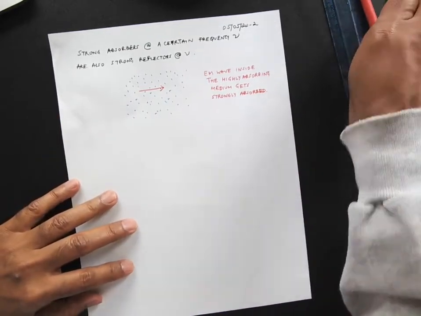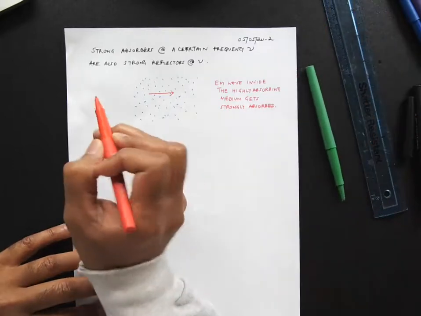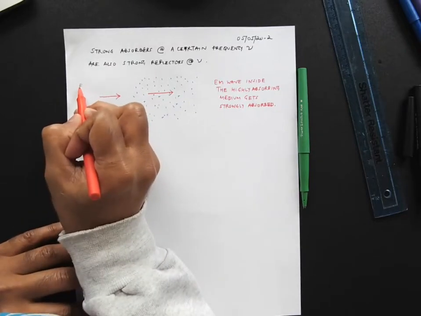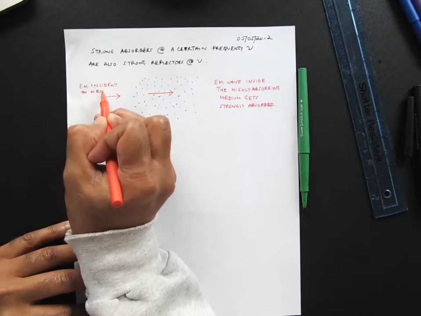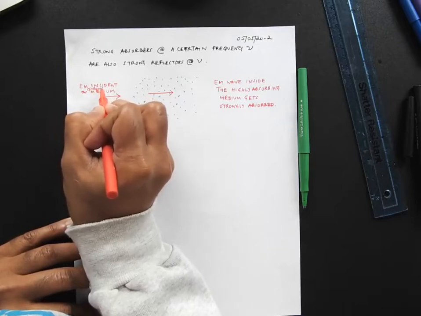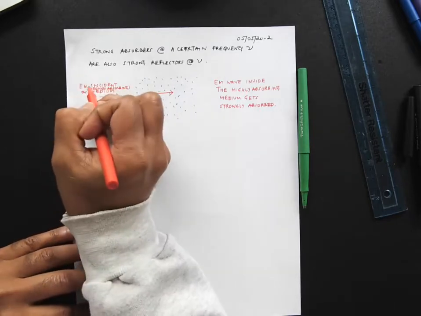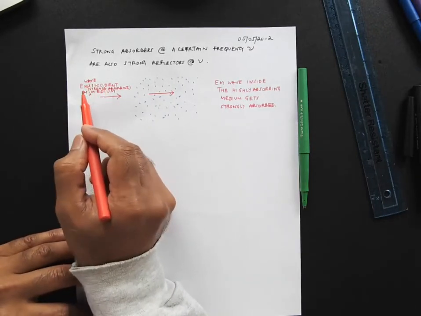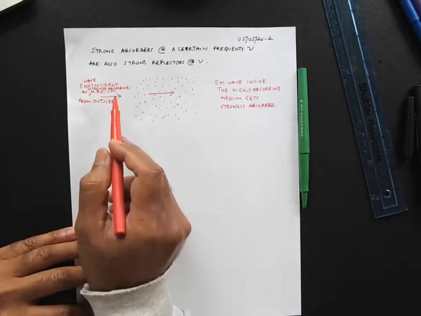But a totally different question is, if you are coming in from the outside, so the electromagnetic wave is now incident on this medium, how much of it actually made it in the first place? Okay, so the question is, for an electromagnetic wave incident on a strongly absorbing medium, so it's coming in from the outside, how much of it actually gets in the first place?